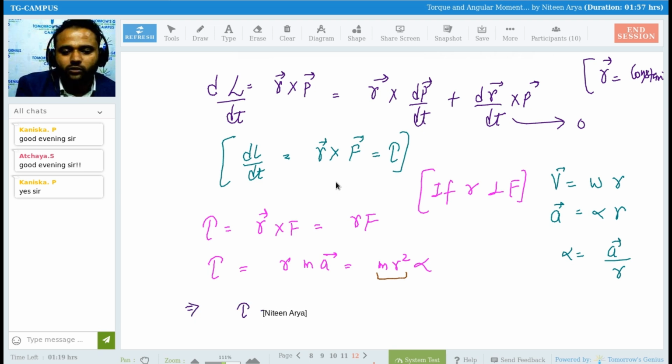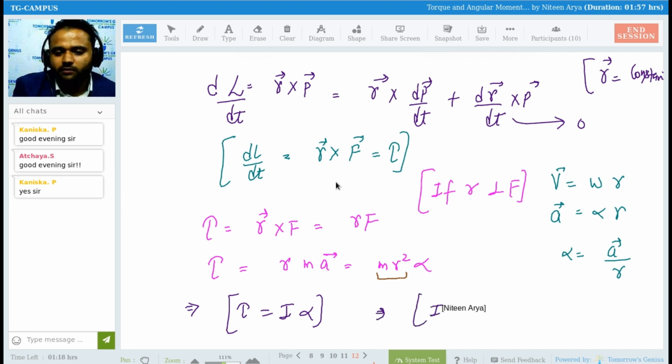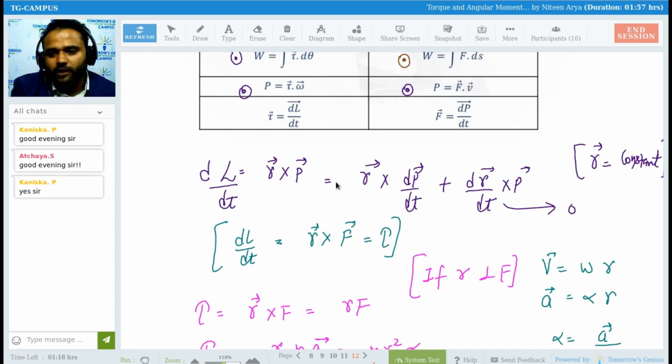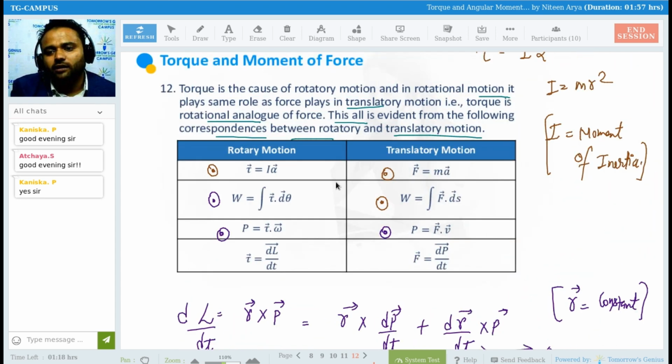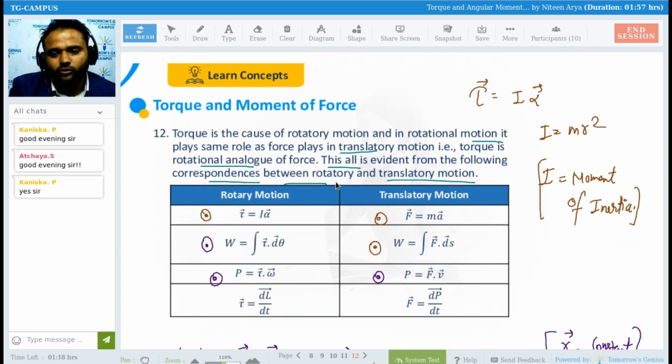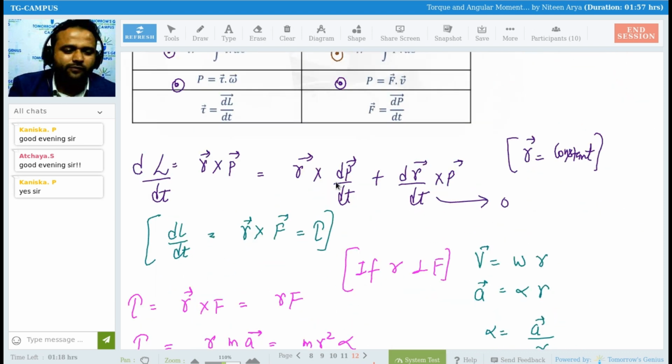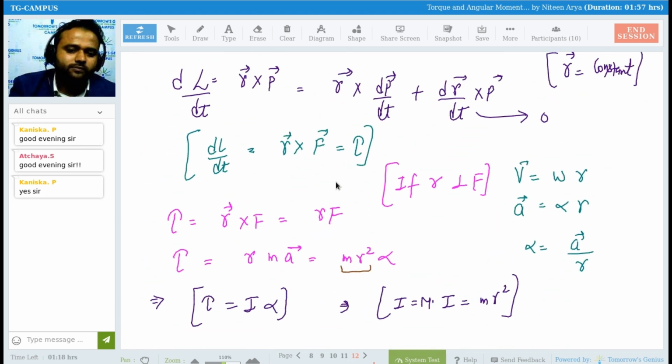And then we can write torque tau equals I alpha, where I is basically moment of inertia, MI, not Mumbai Indians, and that is m r square for any general body, and as I already gave you, half m r square for a circular ring, and so on.